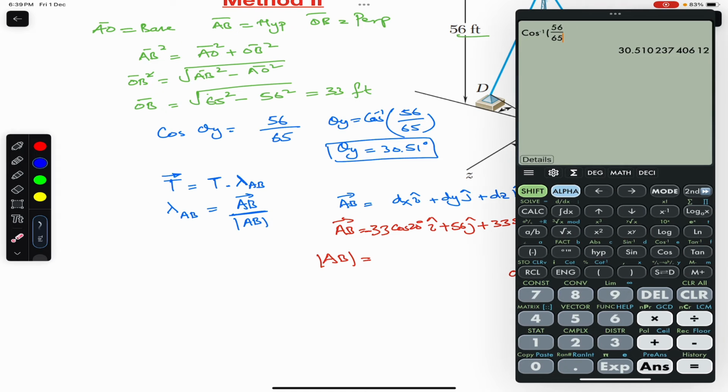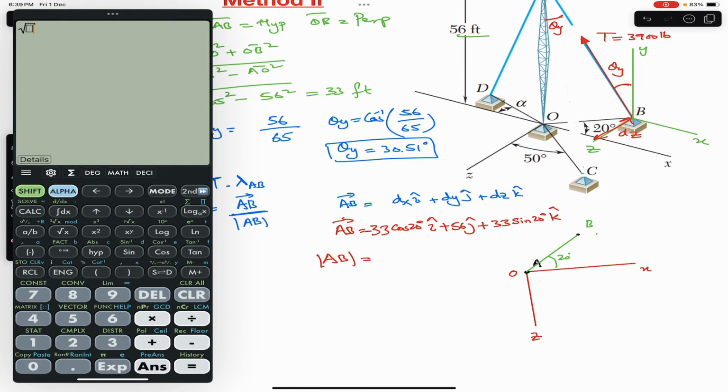If I take the square root of the squares of the components of this position vector AB, 33 cos of 20 squared plus 56 squared plus 33 sine of 20 squared, we get that same 65 feet.